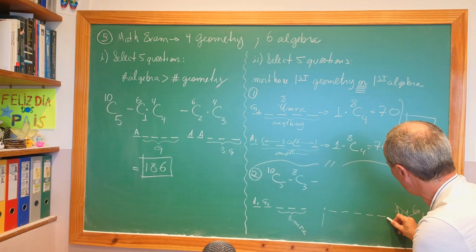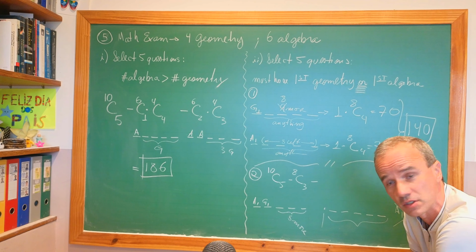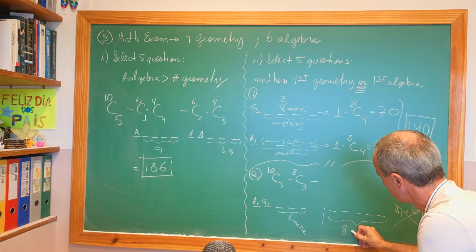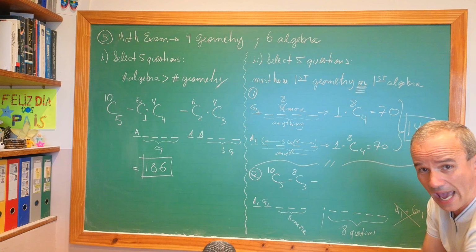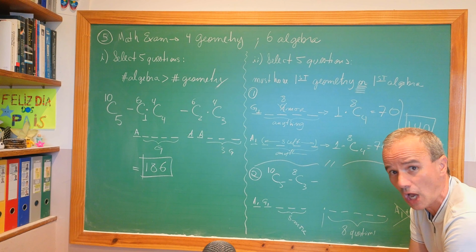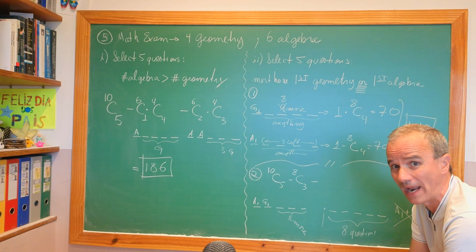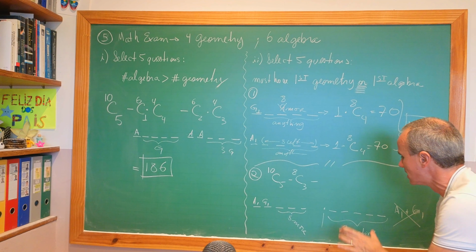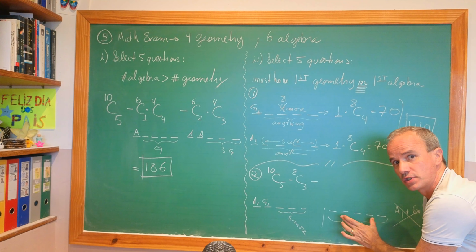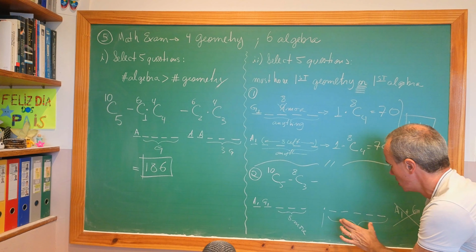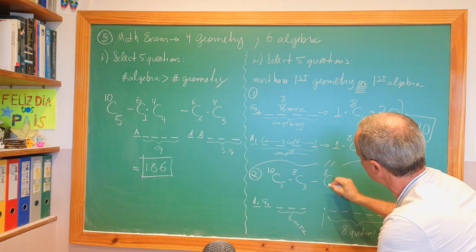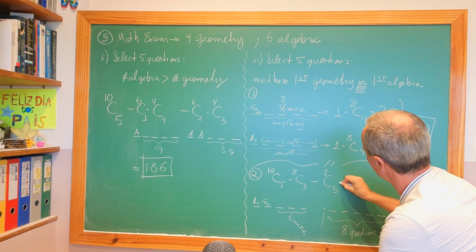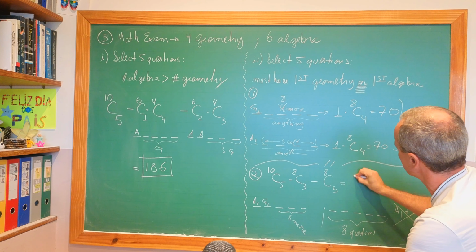So I'm going to have how many options? 8. Agree? I had 10. I cannot use algebra 1, neither geometry 1. I'm considering the fact that I'm going to have none of the first, which is also forbidden. You see? So again, this is going to be what? A combination of 8, choose 5. And if you do all the math, you are going to have the same results.